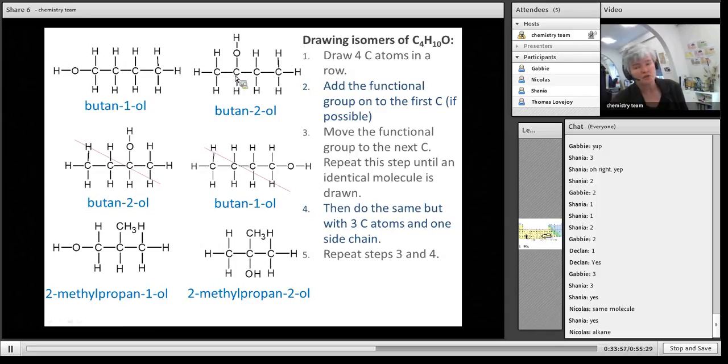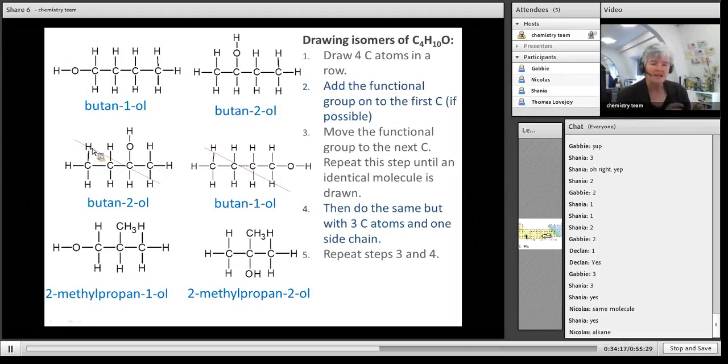If you were asked to draw a primary alcohol, you could have drawn this one or this one. Both would be correct. If they asked for a branch chain primary alcohol, you could only draw this one. If they asked you for a straight chain primary alcohol, you could only draw that one.